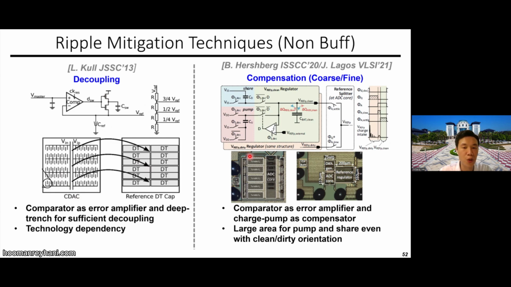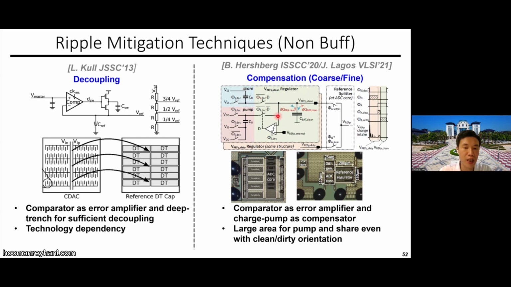Well, there's also some other compensation method you can consider. They use a coarse and fine kind of pumper, so that when you just need a coarse reference voltage, they use a relatively passive kind of condition.